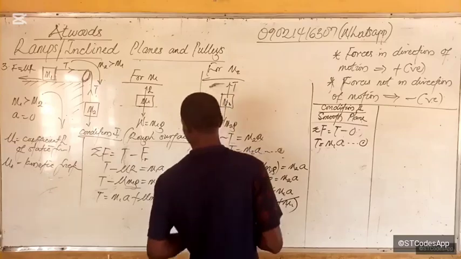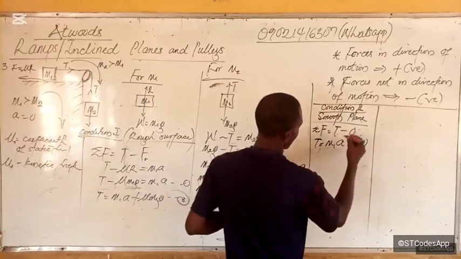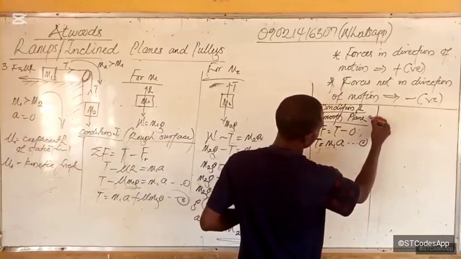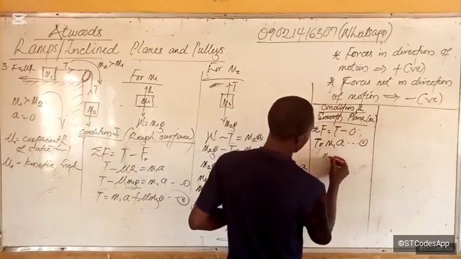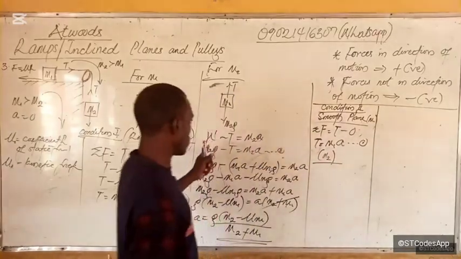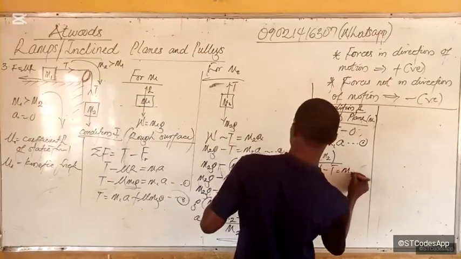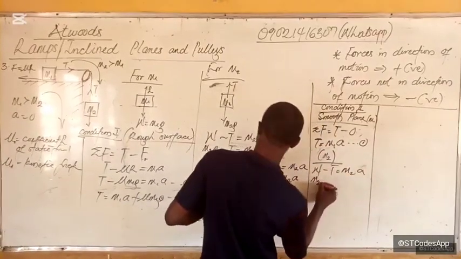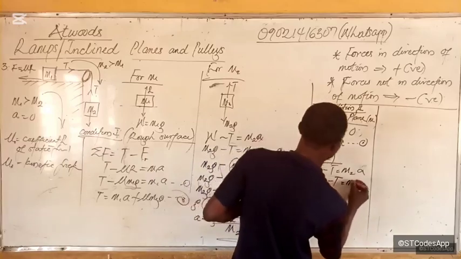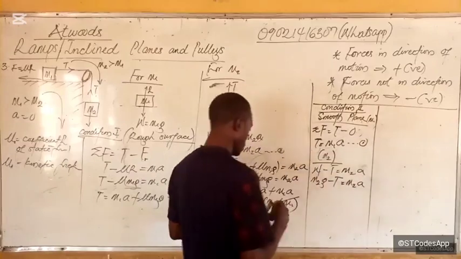So what do we do next? We'll now draw for M2. So this is for M1. Now for M2, we'll have the same thing. Nothing changes for M2. So we said weight minus T is equal to M2A, so that M2G minus T is equal to M2A. And T is already M1A, right?